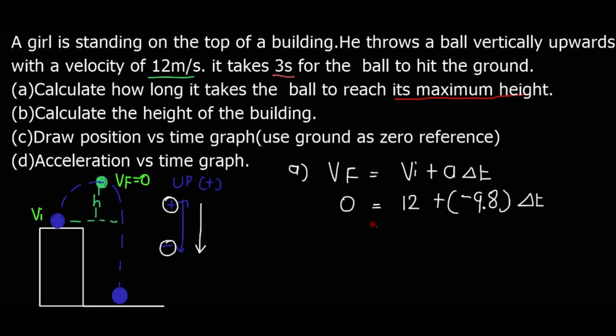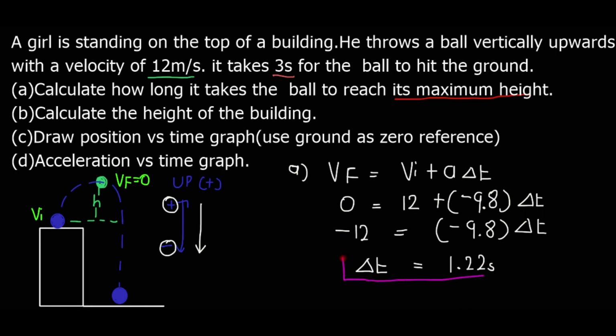From here we need time, so we take this 12 to the other side and it becomes negative. Therefore we divide both sides by negative 9.8, and our time is 1.22 seconds. This is the time it takes this object to reach the maximum height.